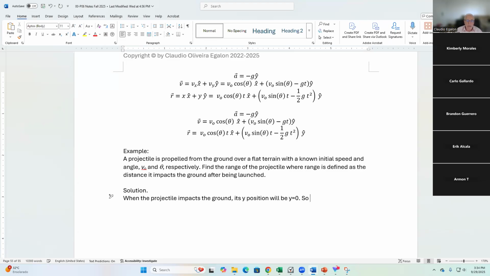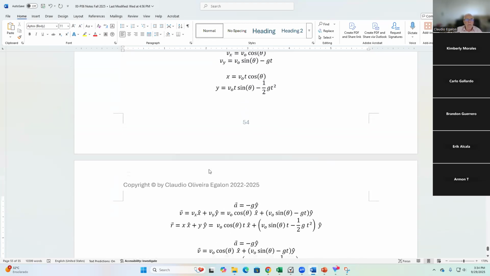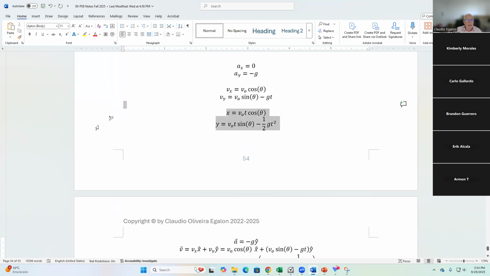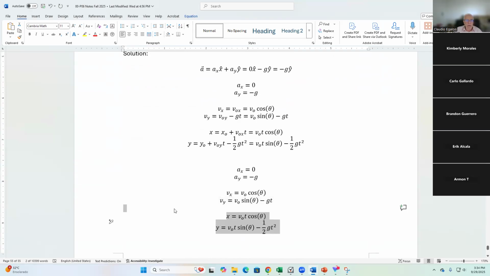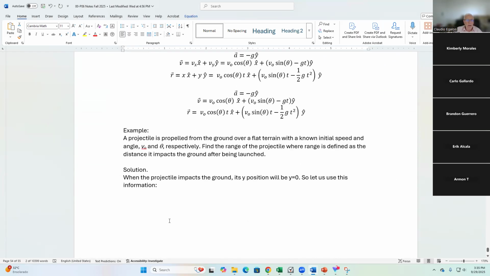So let us use this information. And I'm going to use this. That's where I have to use it, right? Because we don't have y anywhere else. Of the equations, the only one where y shows up is this one. So you have to use this set of equations.